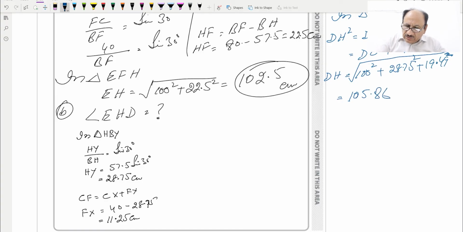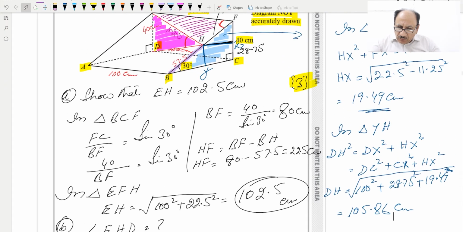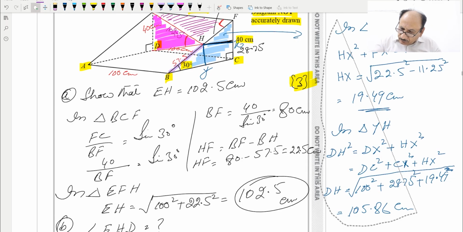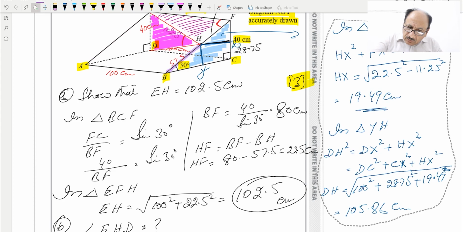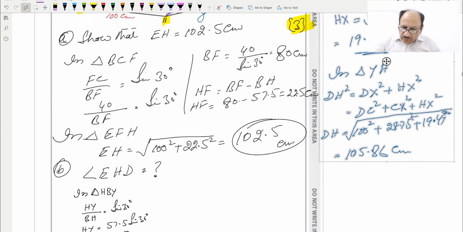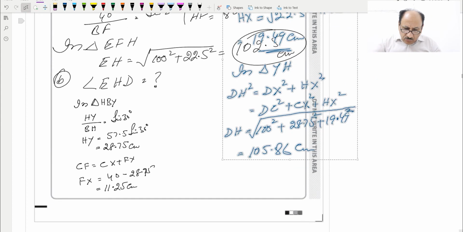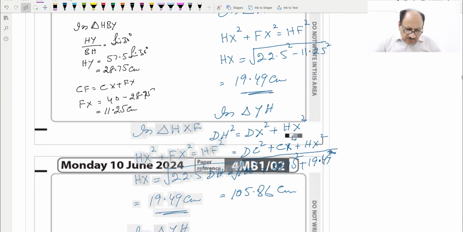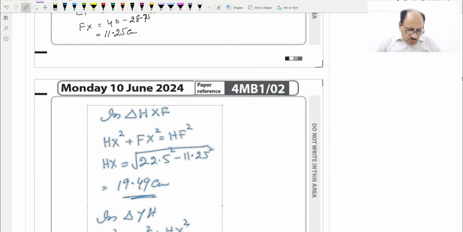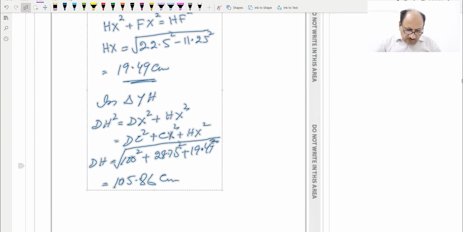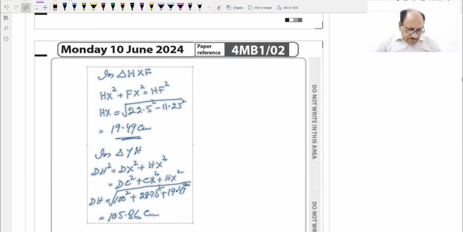This is the DH value which we found. Now we can shift this to the proper location, and then we will be able to do the last step, which is the cosine rule we will be applying to get the final answer.